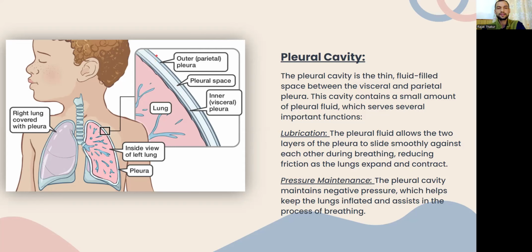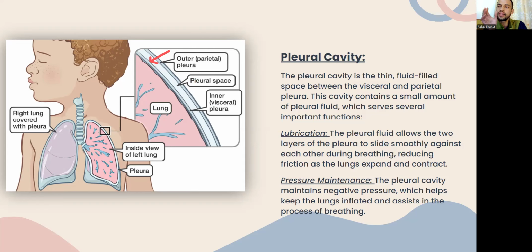Sometimes the pleural cavity can get punctured, when some damage happens to the pleural cavity, not the lungs, but just the pleural cavity. Then we say pneumothorax. The condition is pneumothorax, starting with the P. The P is silent here. In pneumothorax, the cavity will be punctured, and because of the puncture, the -4 mmHg negative pressure will be lost.